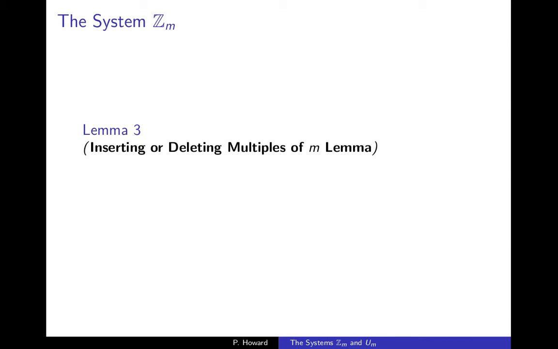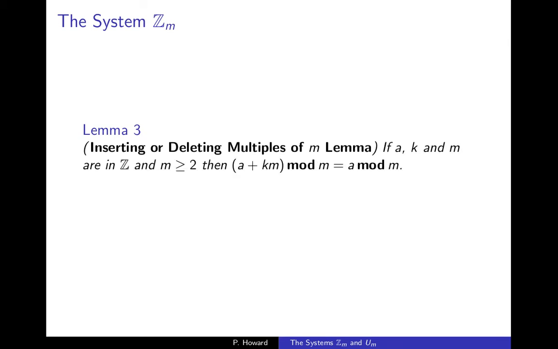And now the second lemma, the inserting or deleting multiples of m lemma. So here we are starting with 3 integers a, k, and m, with m greater than or equal to 2. Under those circumstances, a plus k times m, that quantity mod m, is the same as a mod m.